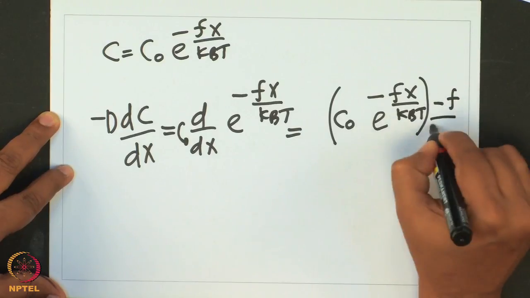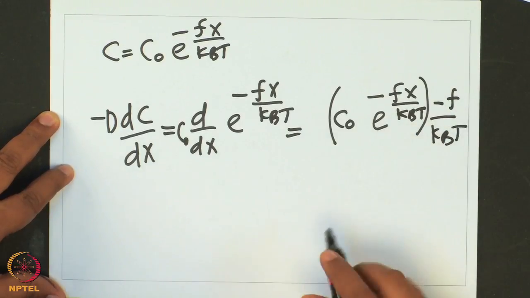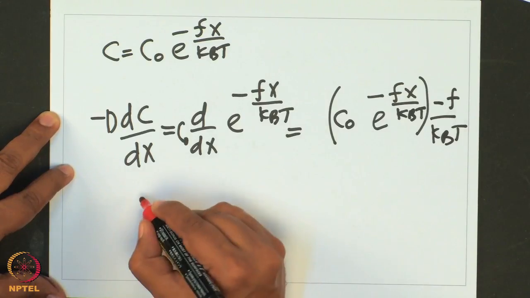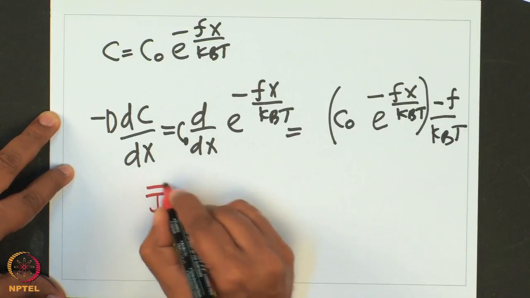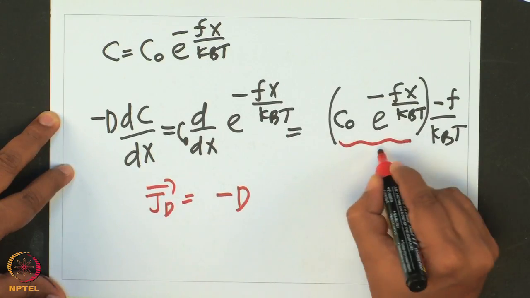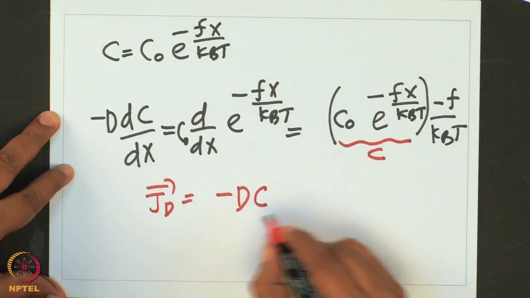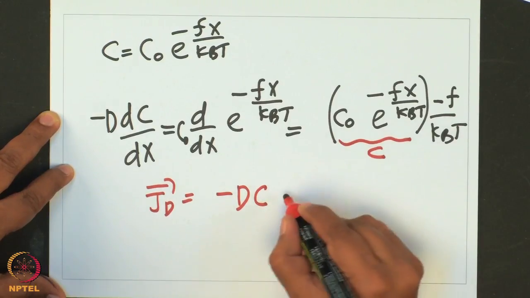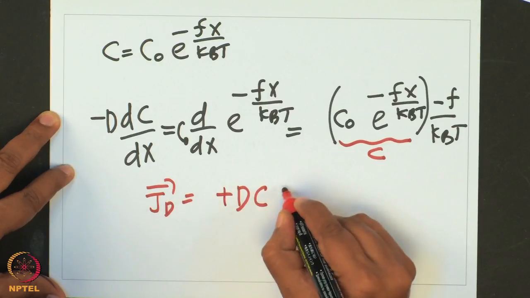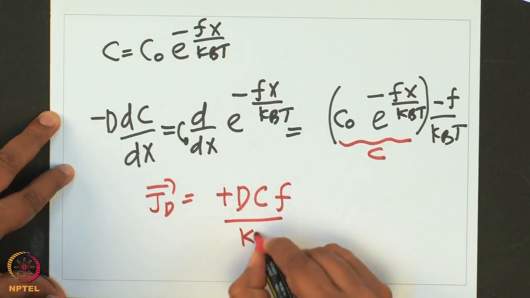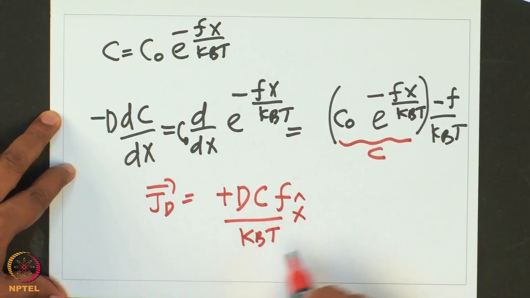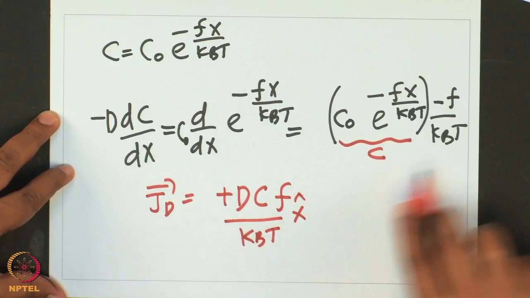If I substitute, the full JD would be minus D times, this thing is my C itself, so C, times minus f, so this would become plus f by kBT, and there will be an x cap here. So this will be the diffusive current.